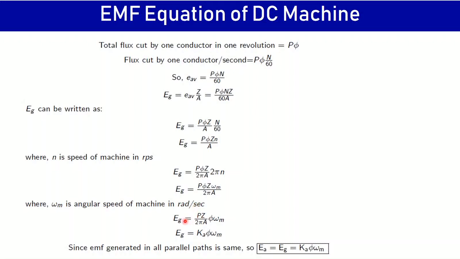So the average EMF will be obtained as P Z by 2 pi A into phi omega m. So as a summary, we see that the armature EMF, which is the back EMF in case of a motor, and the generated EMF in the case of a generator, is directly proportional to the flux and the speed.